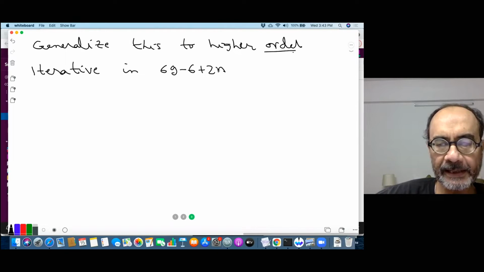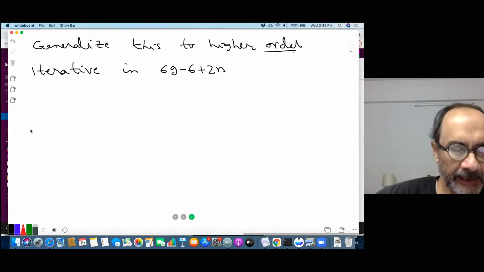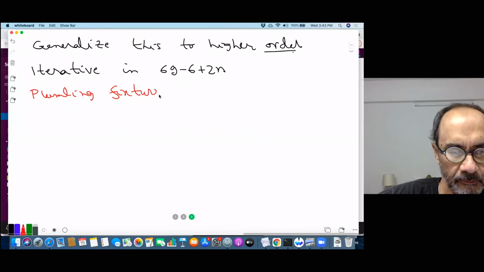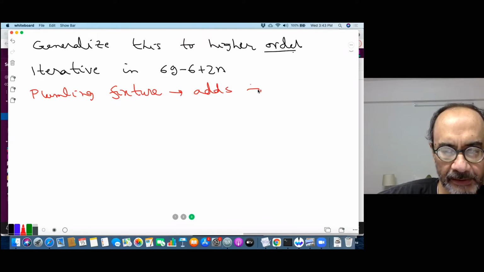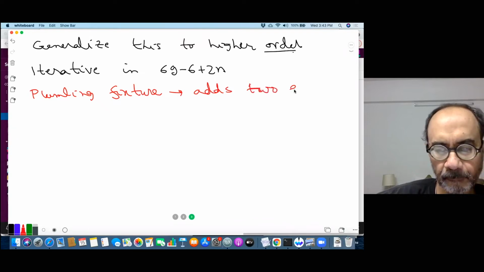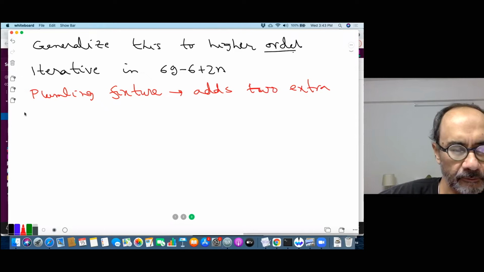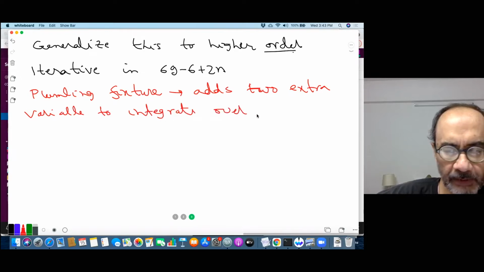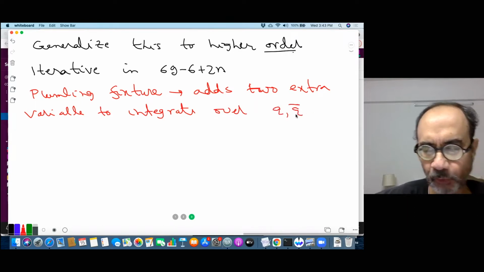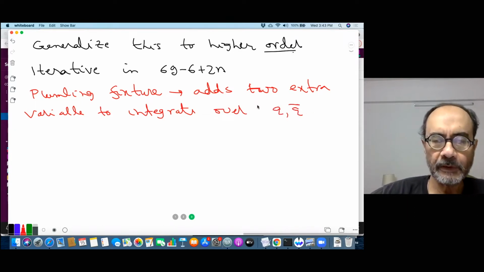The reason that we iterate in this is because we know that plumbing fixture adds two extra variables to integrate over. And that's this q, q bar. You have to do integration over q, q bar.